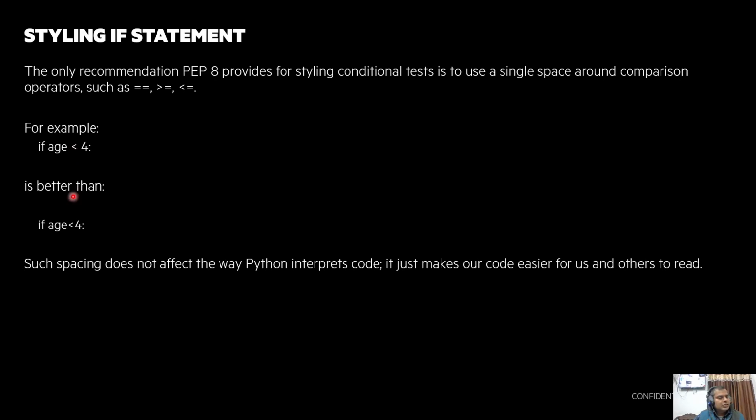With the syntax, both are valid, but the first one is more readable, the second one is less readable. So it is a PEP 8 recommendation. Later we'll learn about PEP 8, but for now just know that it is the standard which says how we should write the code. And such spacing does not affect the way Python interprets the code. It just makes our code easier for us and others to read.